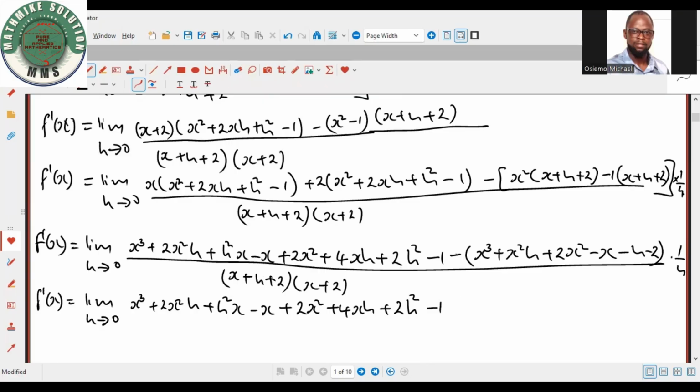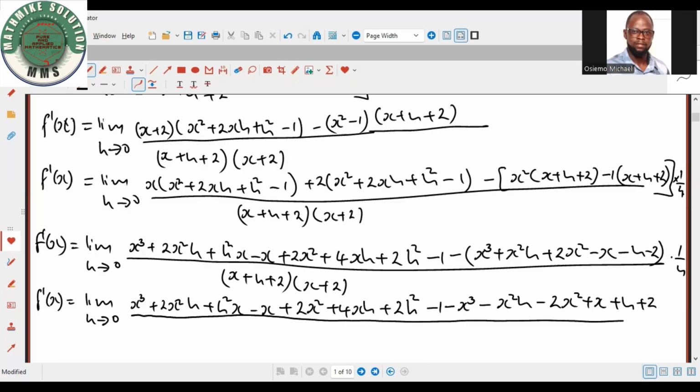Then you open up the bracket with this negative, and you're going to have negative x cubed minus x squared h minus 2x squared plus x plus h plus 2. And all this is over x plus h plus 2 and x plus 2. We multiply all this by 1 over h.